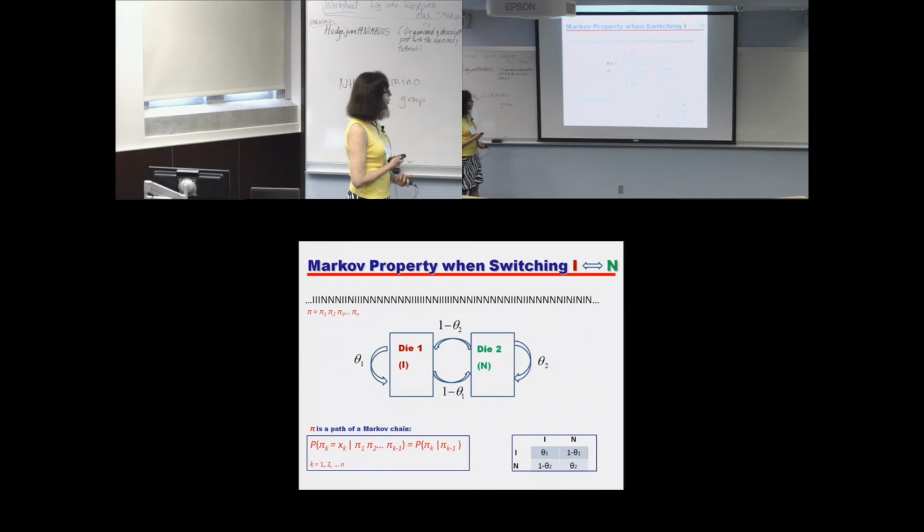The sequence that tells me which die has been used to get to a certain base on a certain roll is a Markov chain. So this is the transition matrix of the Markov chain, and this is the Markov property. I don't care what happened in the history. I care where I currently am, and that determines the probability of where I'll go at the next moment.